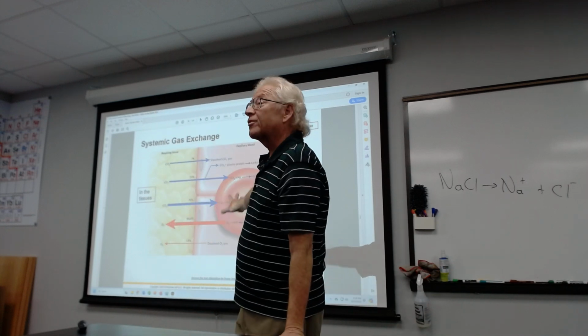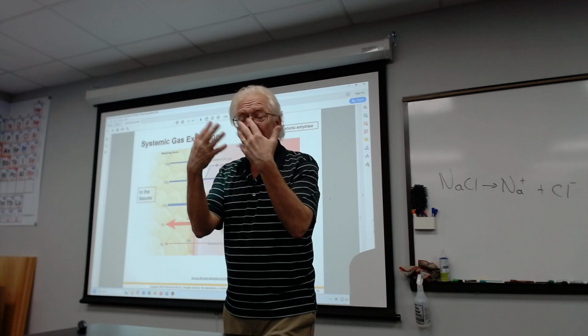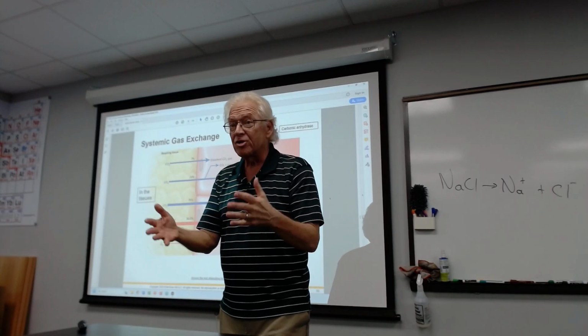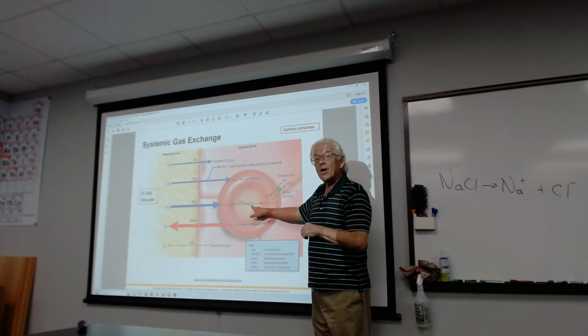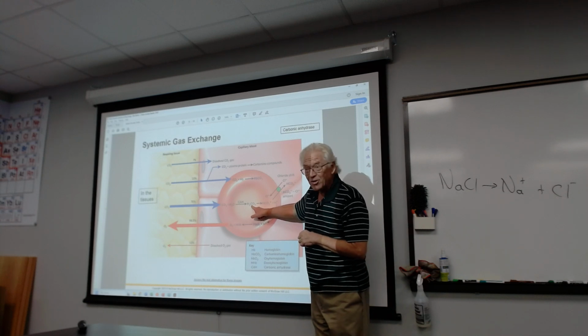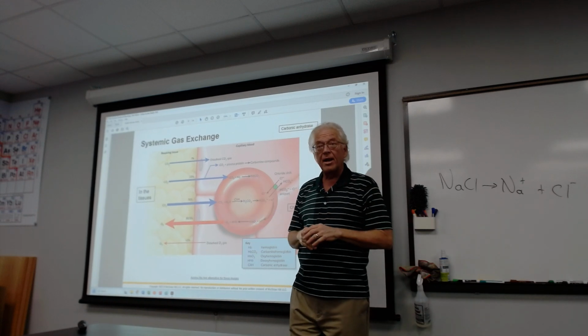Your blood buffer system can't do it, so let me help. If I get rid of extra CO2, I won't make as much carbonic acid. And that's why when you work out, you start breathing heavier. That's automatic to try to get your pH back in balance.